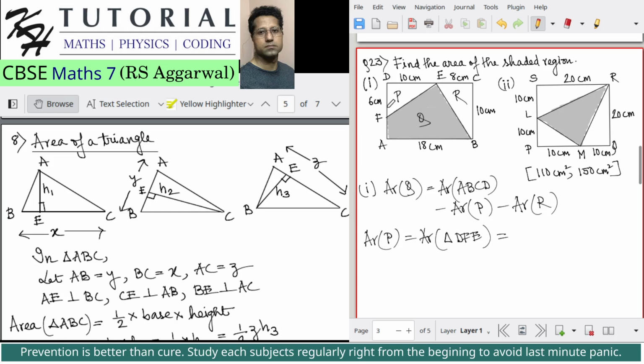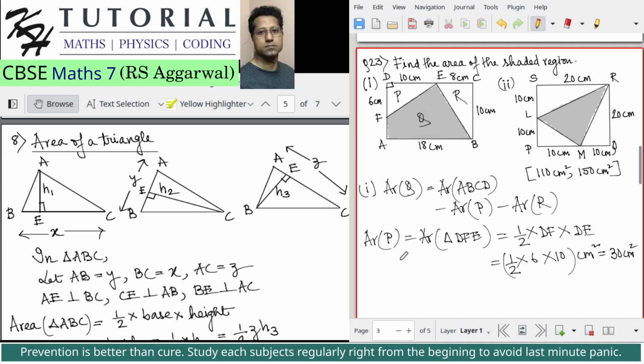We know this angle is a right angle, so we can consider DF as the base and DE as the height, and both lengths are given in the figure. So this is equal to half multiplied by DF, which is 6 centimeter, and DE, which is 10 centimeter. This is equal to 30 centimeter square.